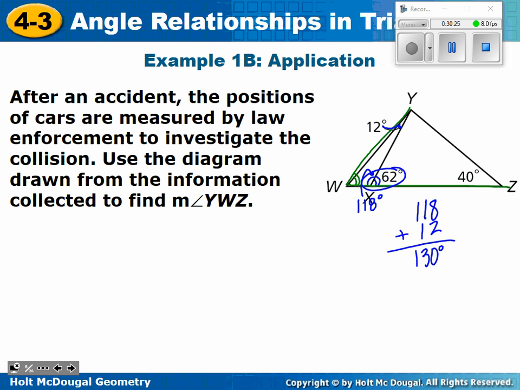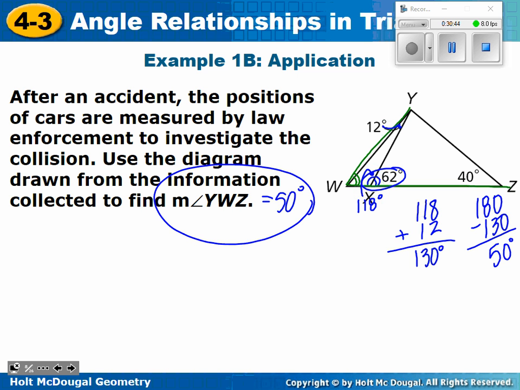Anna said that we could take the 118 and the 12 and add them together to get 130. How can I find this angle W then? Exactly. And what is 180 minus 130? 50. Okay, so then our answer would just be 50 degrees. Everybody with me? All right.